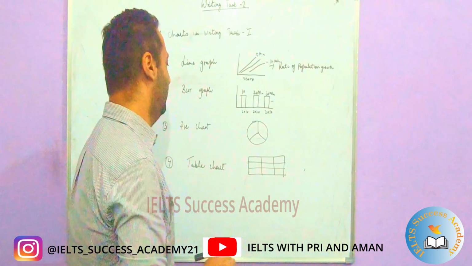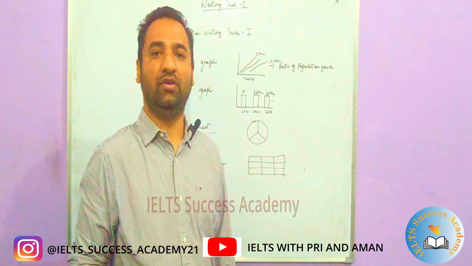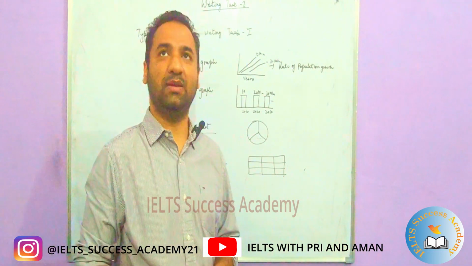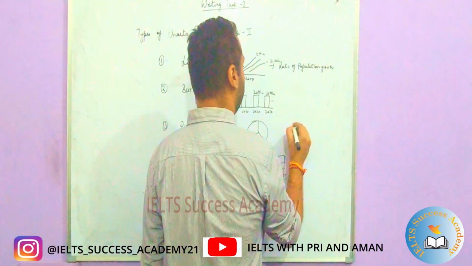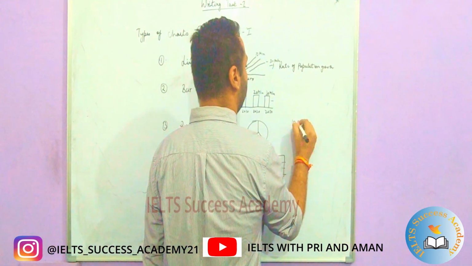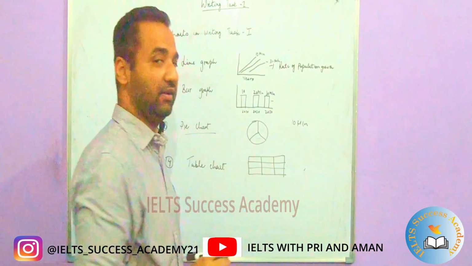Now in the pie chart, most of the time you will have percentages. So for example, let's say the total population of a country is 10 million. So where are they scattered?